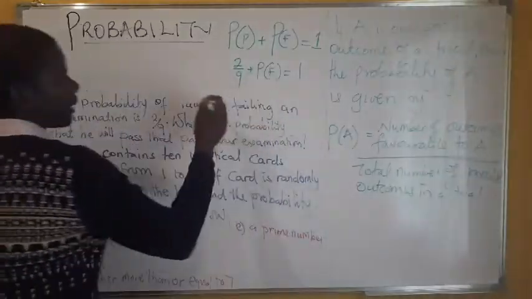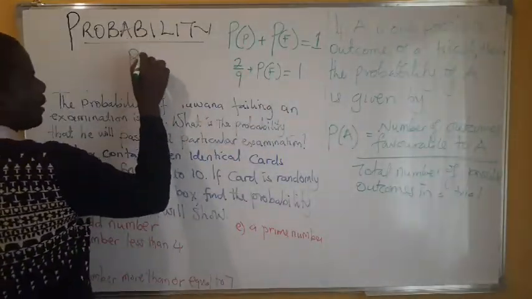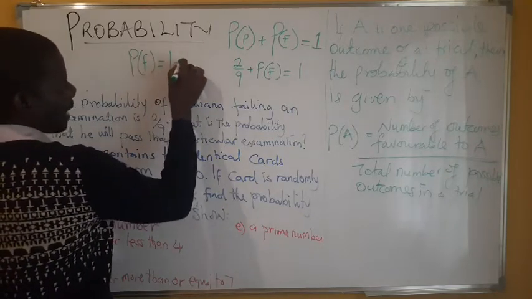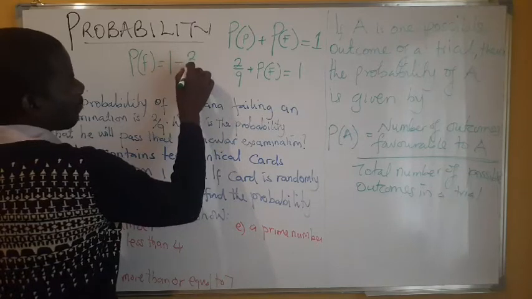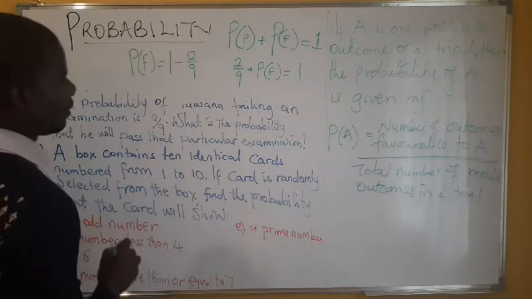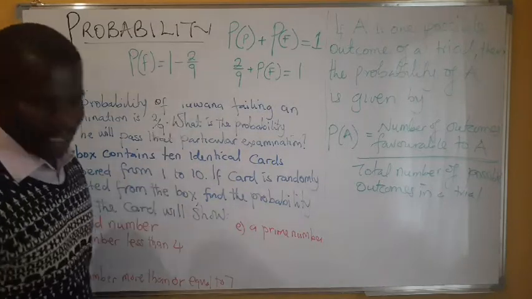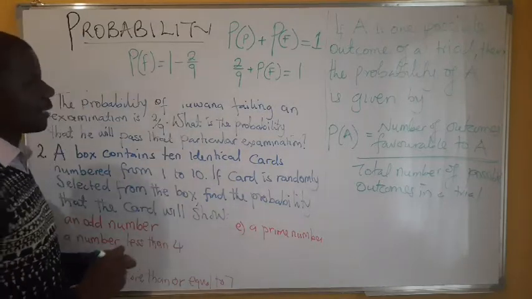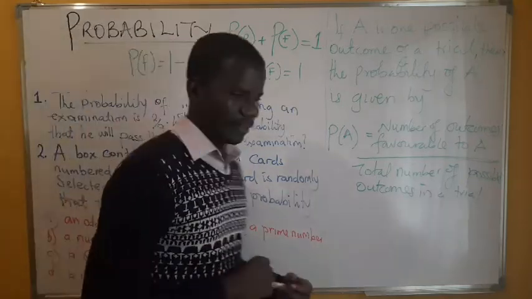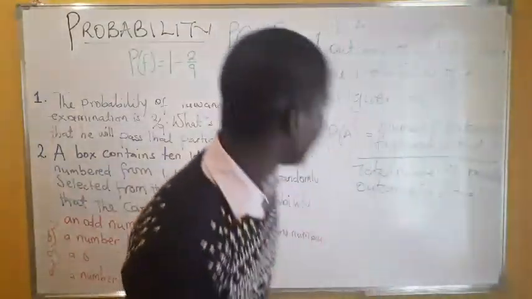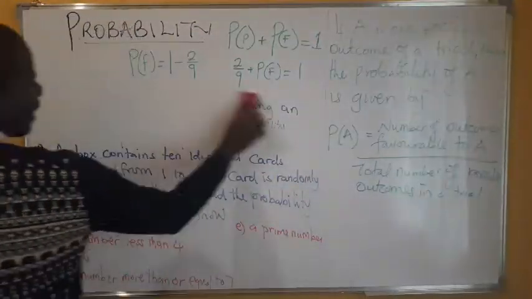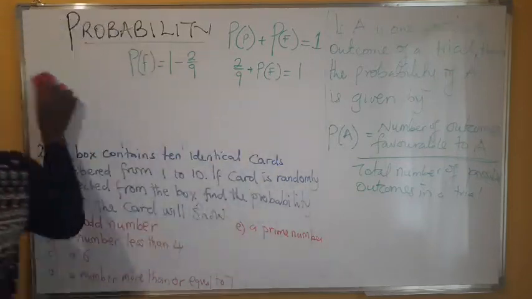You are going to subtract. The probability of failing is equal to 1 minus the probability of passing, which is 2/9. Then we need to subtract. How do we subtract fractions? Those things are taught in early grades, grade 5, 6, 7.